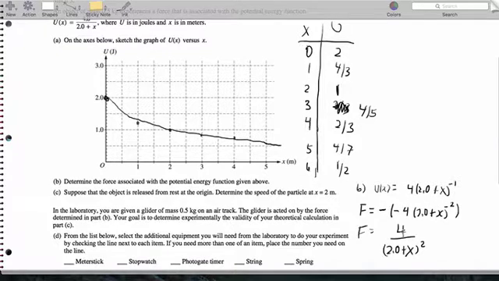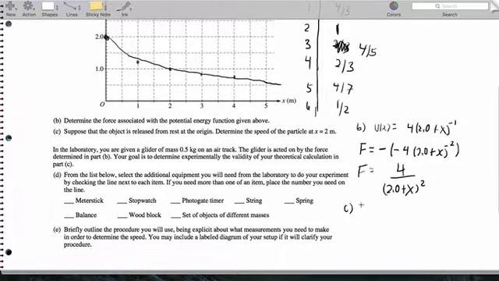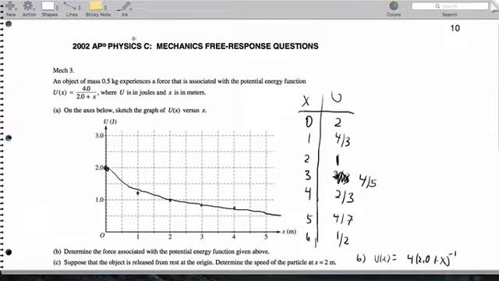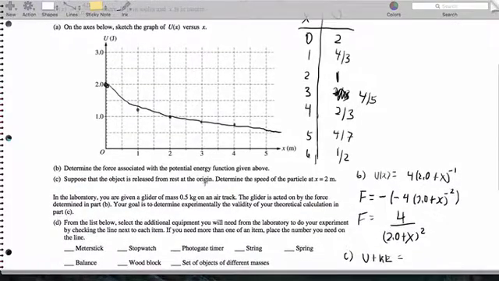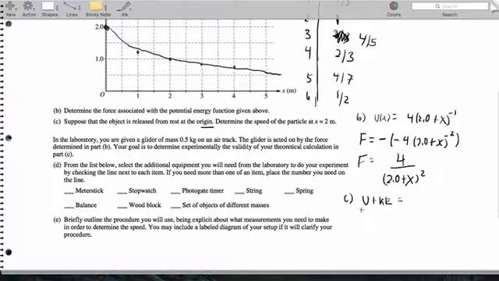And now we want to get the speed. So for C, let's go ahead and get that speed. Let's just use the potential and kinetic energy function. So we have U plus KE equals total energy. So let's get the total energy. Now we're told that it's released from rest at the origin. So that means all of our energy at the origin is stored as potential energy.